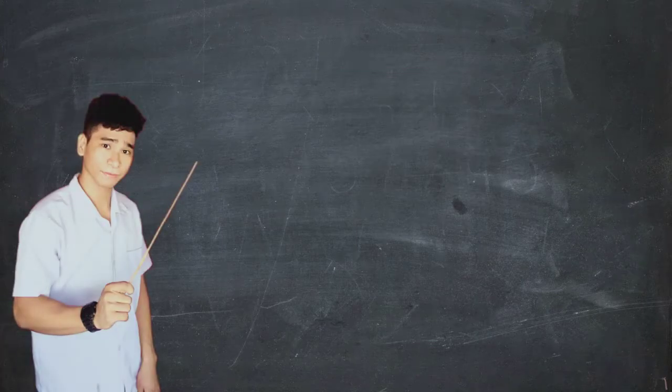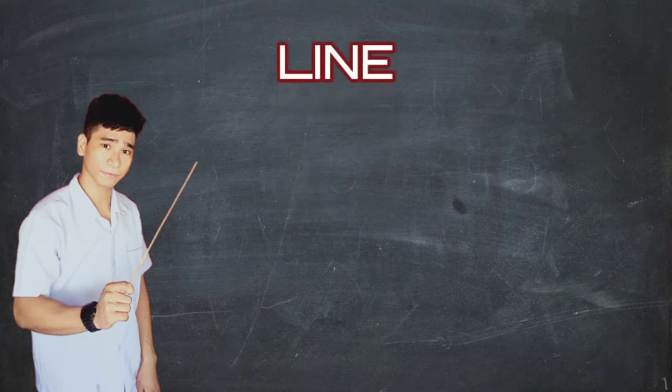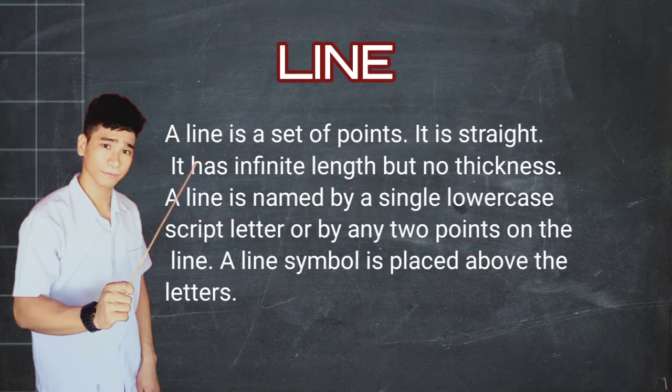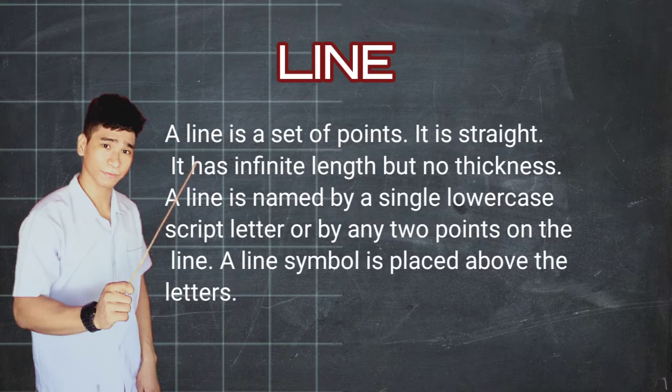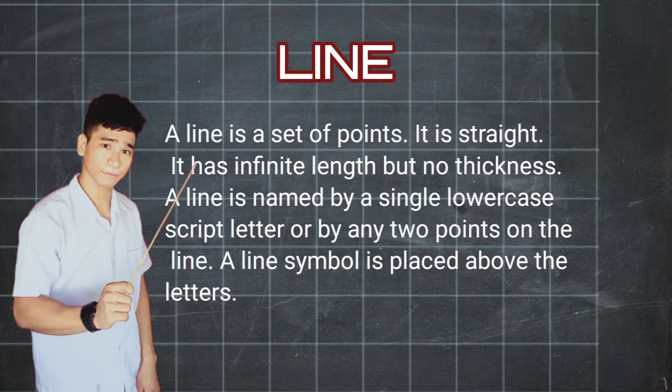Let us move to the line in geometry. When we say line, according to definition, a line is a set of points. It is straight, it has infinite length but no thickness. A line is named by a single lowercase script letter or by any 2 points on the line. A line symbol is placed above the letters.